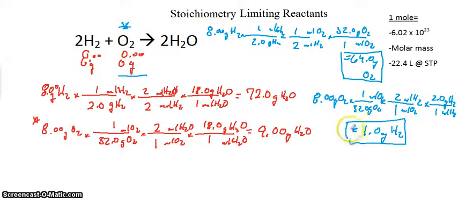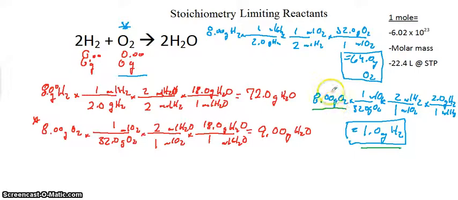But notice what's happening here. If I react all 8 grams of the oxygen, I only need 1 gram of the hydrogen, and therefore I'll have 7 grams left. And sometimes you'll get that sort of a question. Somebody will say to you, what's the limiting reactant, and then how much of the other reactant will you have left over? Well, in this case, you'll see that I can react all the oxygen, I will use it all up, and I'll use only 1 gram of my hydrogen.